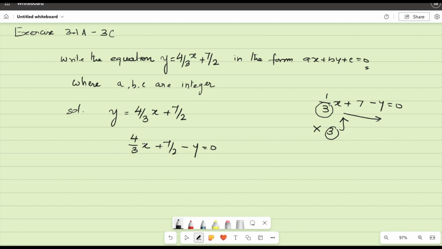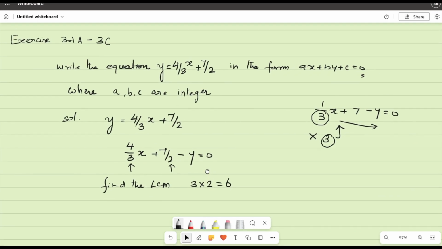But in this example we have two numbers in the denominator, 3 and 2. So what we need to do is find the LCM, the least common multiple, of one denominator and the other. So it is 6.